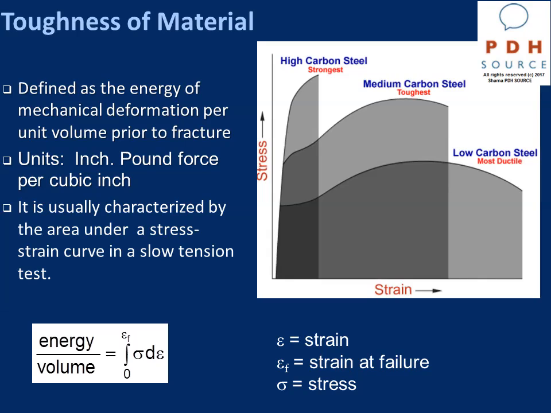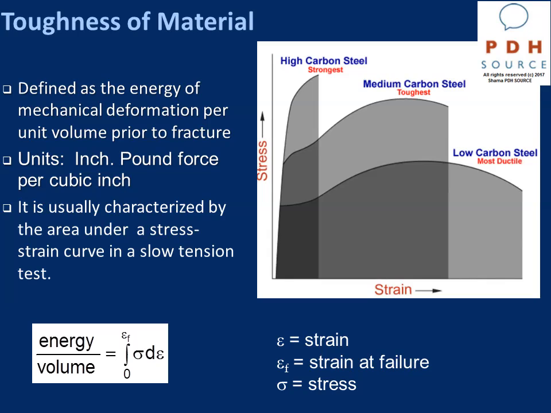Now we would like to define toughness of the material. Toughness of the material is the ability of a smooth element to absorb energy, usually when loaded slowly. The units of toughness are inch-pound force per cubic inch.